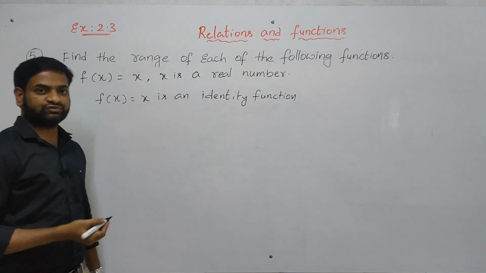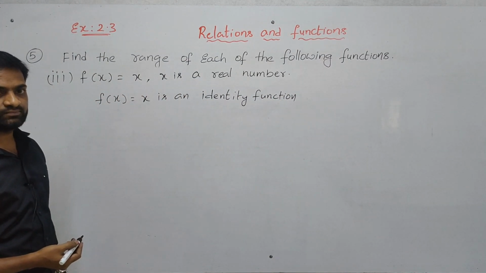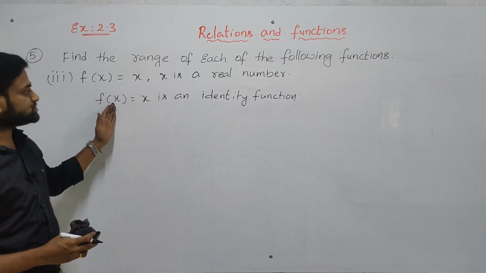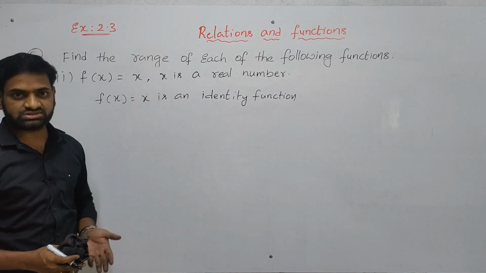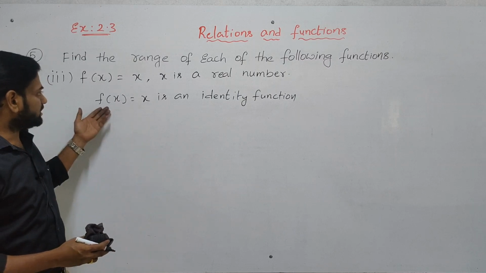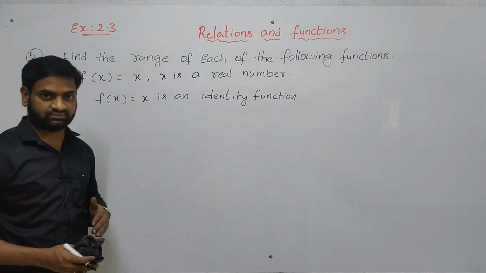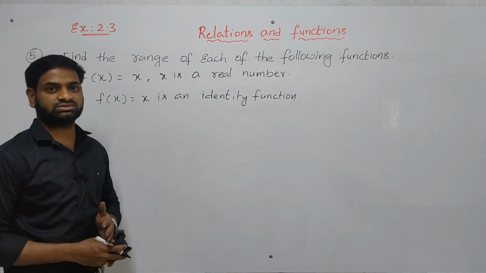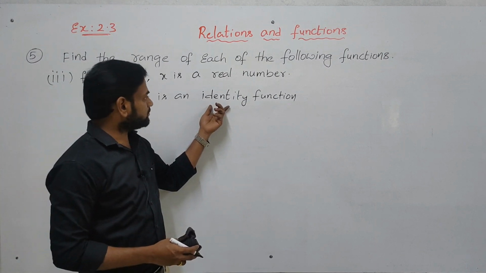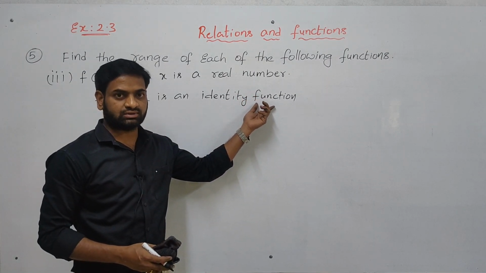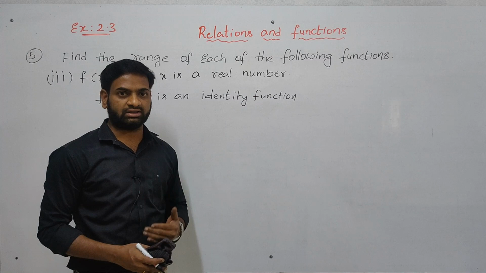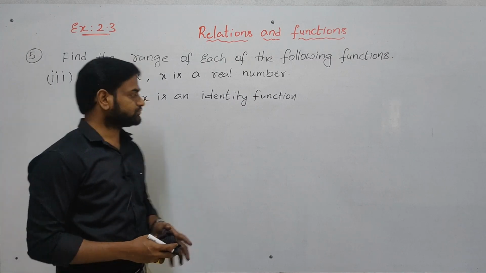So what is the range of the identity function? The range of the identity function is real numbers. It is already given in the previous videos. In the graph of the identity function, I already showed what the domain is and what the range is.